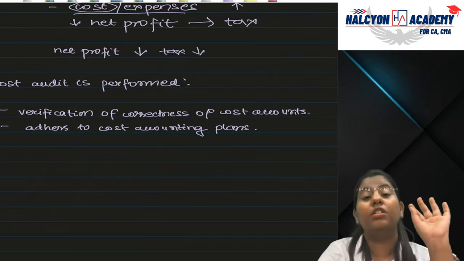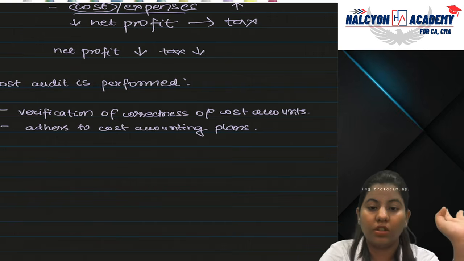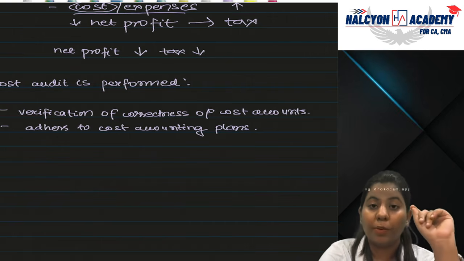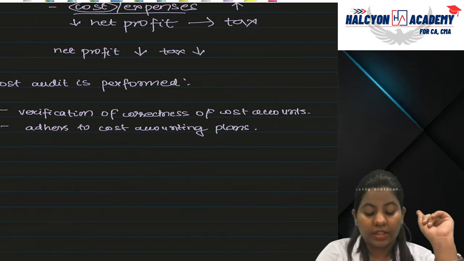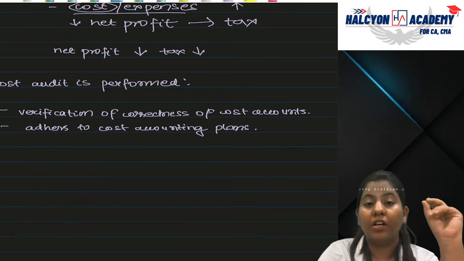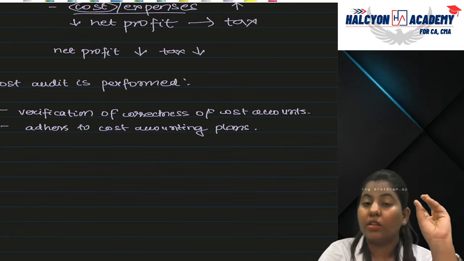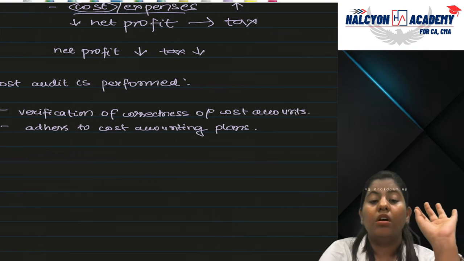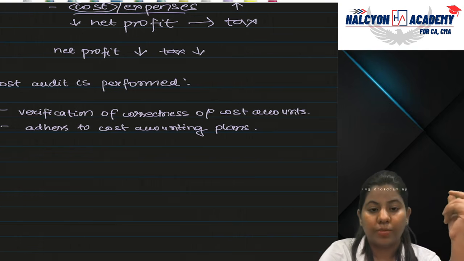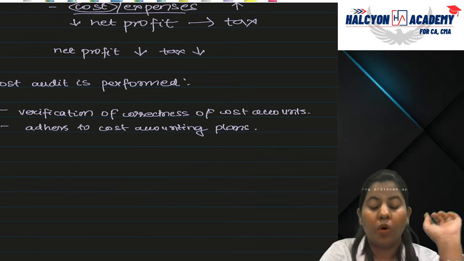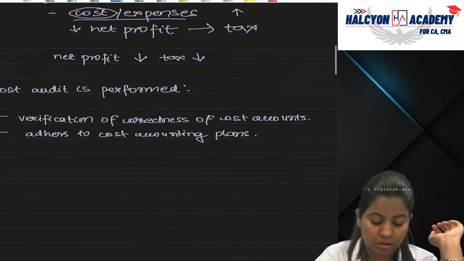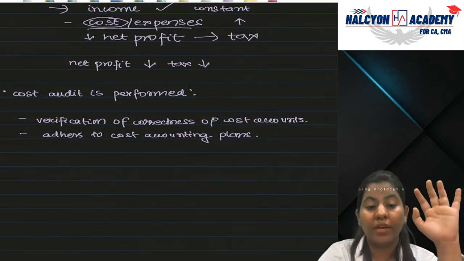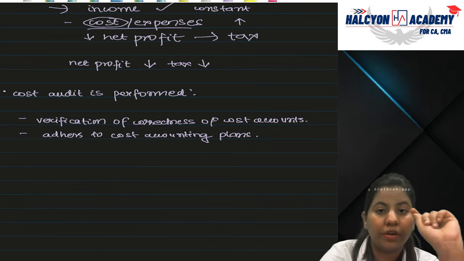The first is verification of correctness of cost accounts, whether they are prepared correctly as per the cost accounting standards or not. And whether everything adheres to the cost accounting plan or not. These are the two main reasons for performing cost audit.